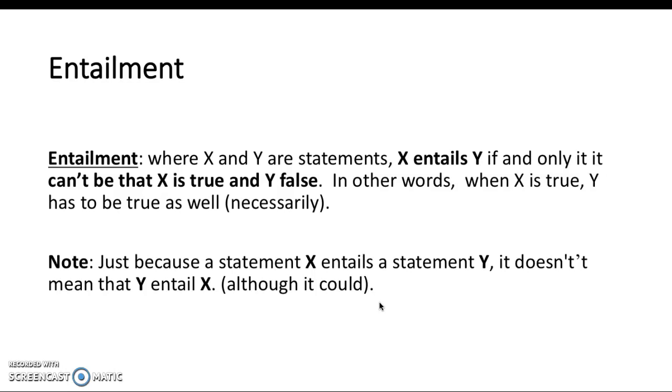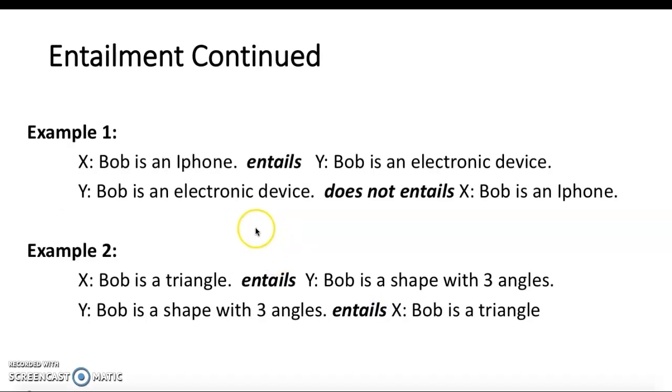This is a bit abstract, so let's look at a few examples. Consider statement X here. X is Bob is an iPhone, and Y is Bob is an electronic device. We know that X entails Y. In other words, Bob is an iPhone entails that Bob is an electronic device, because under the conditions that it is true that Bob is an iPhone, what else has to be the case?